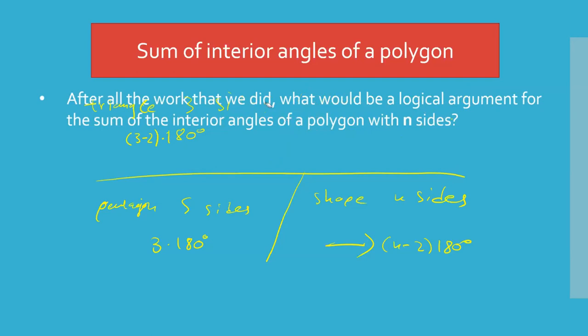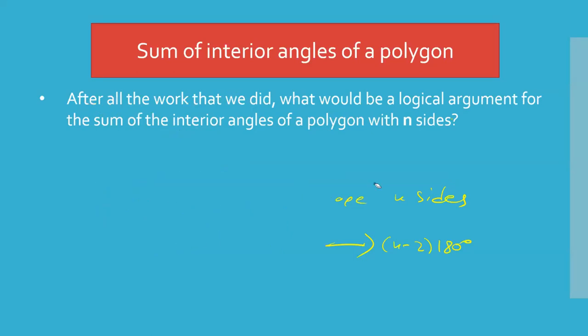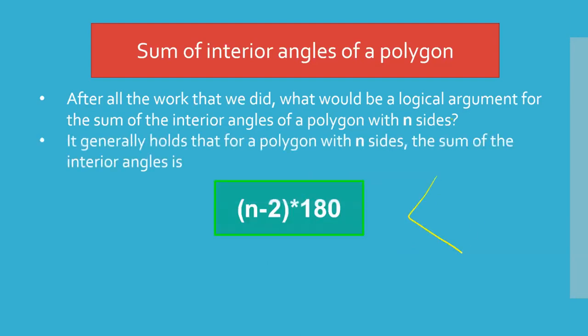And the proof for this is the process of triangulation that we did. If you take any shape, if you are able to split it into the smallest amount of triangles, as Ryan said, and then you add up all of these triangles, you just have to be careful about which of these triangles you really need.